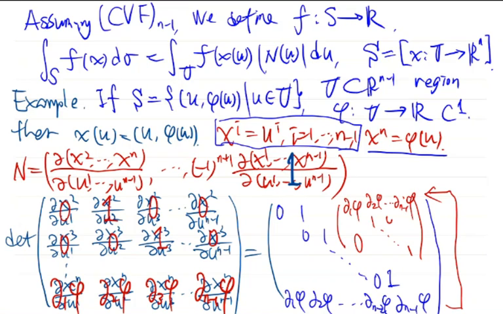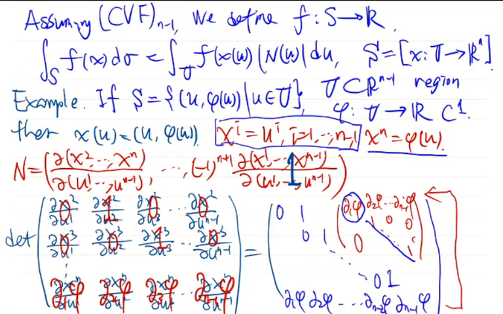The other elements are all 0. So the determinant of the new matrix is D1 phi, because the other diagonal elements are all 1. So the determinant we want to compute is almost the derivative of phi with respect to u1.